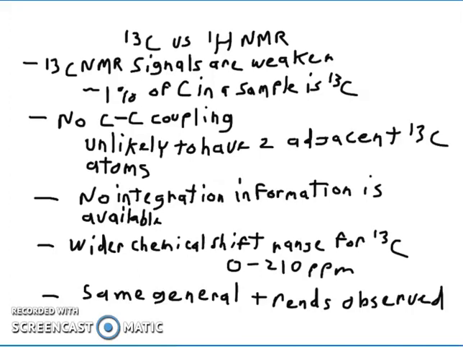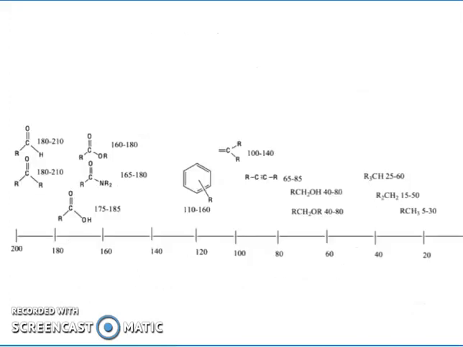And I want to look at some examples of this, and I want to start by looking at a chart that shows the general range of chemical shifts for a lot of the things that we'll be talking about.